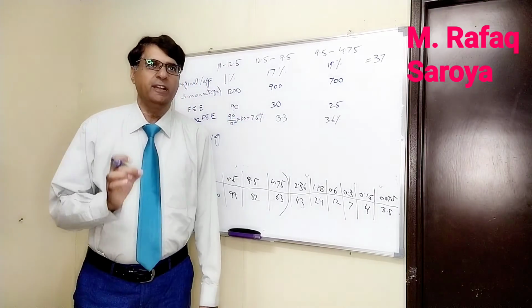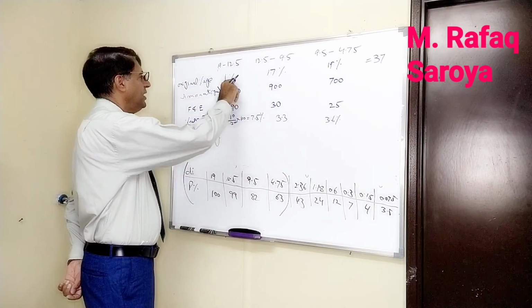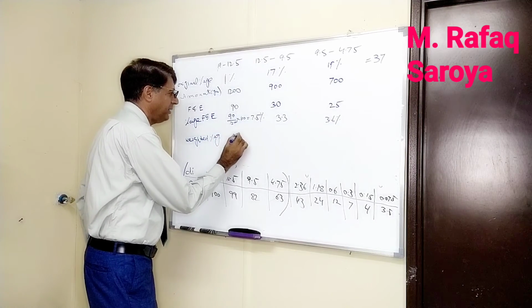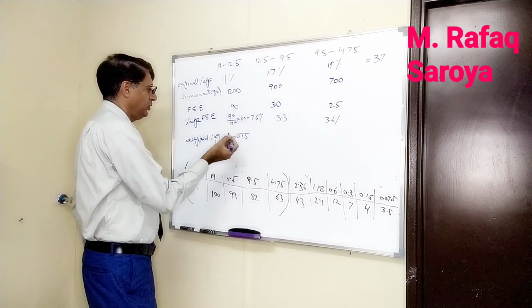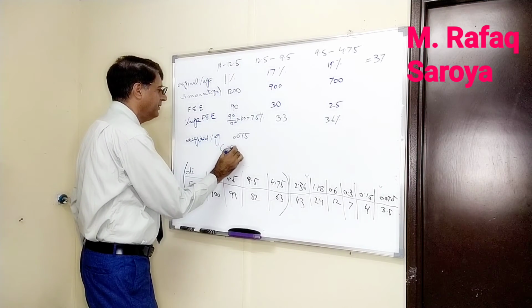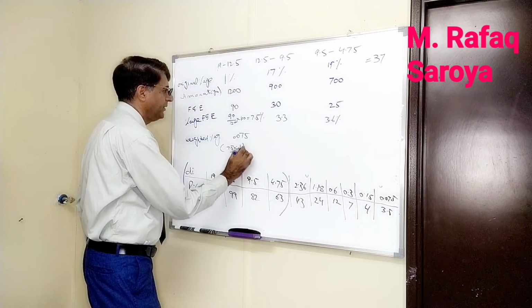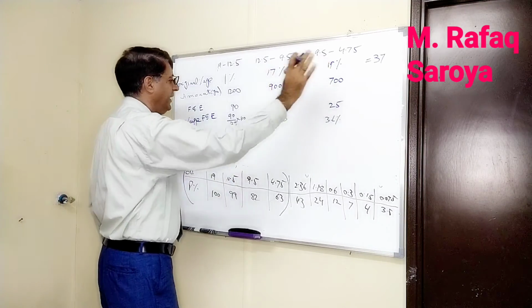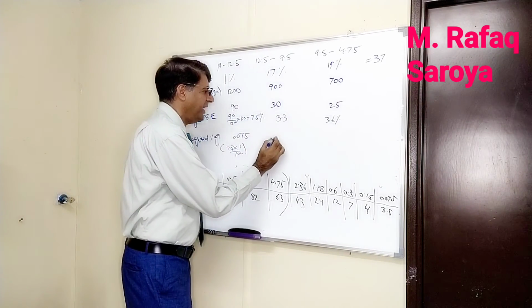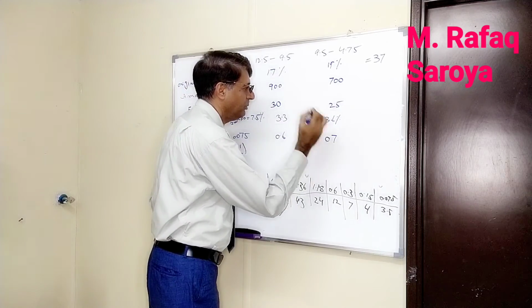Clear? We will calculate the weighted percentage of this material, this into this by 100. Its value comes out to be 0.075. Let me show you one example of how I calculated this: 7.5 multiplied by 1 over 100. This formula is applied in all. Its value comes to 0.075, the next comes out to be 0.6, and the next 0.7.